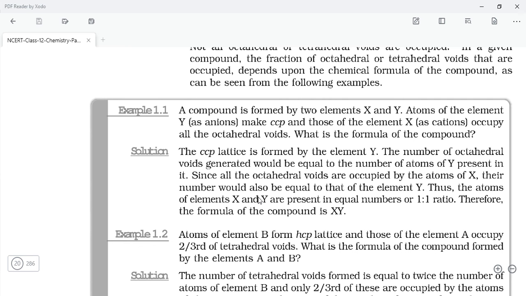And if the cation had occupied the tetrahedral voids, then it would be X2Y, because the number of tetrahedral voids is twice the number of closely packed particles, that is Y. So X would have been 2 times Y, so X2Y would have been the structure.